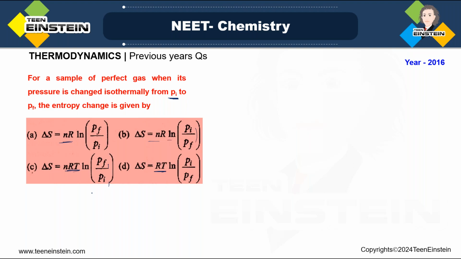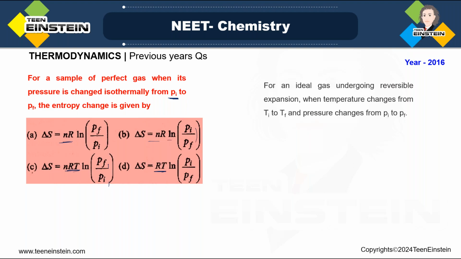Now we will try to see del S, when there are two different pressures and then there is some process occurring, then what is the relationship? Now first of all, just consider for some time that it is not isothermal and is undergoing reversible expansion, then the temperature changes from Ti to Tf, initial to final, Pi to Pf.